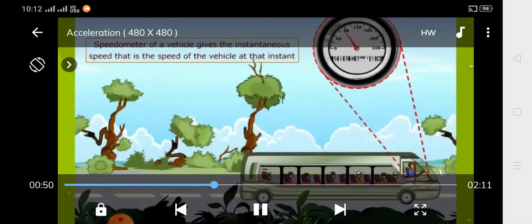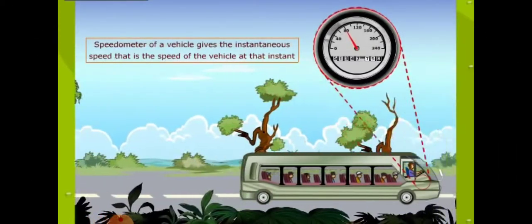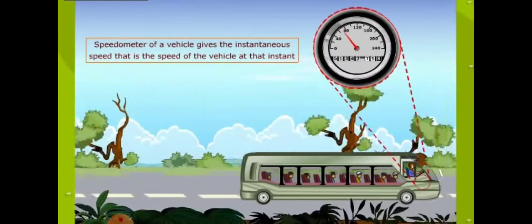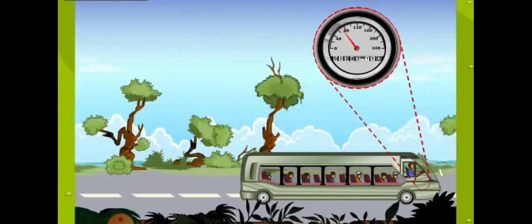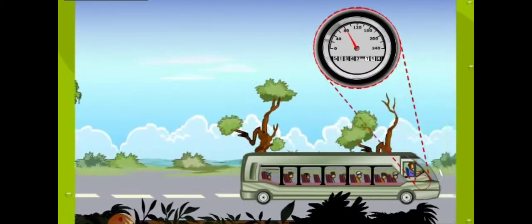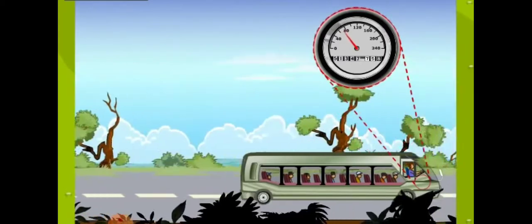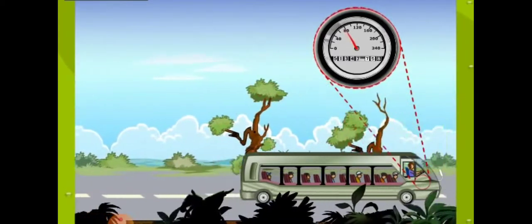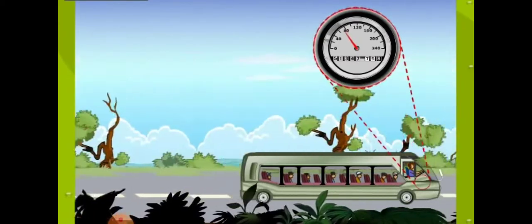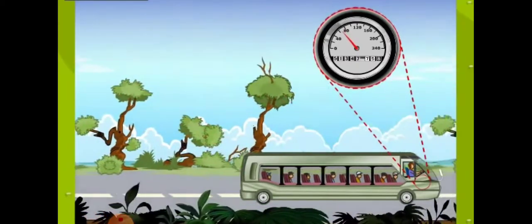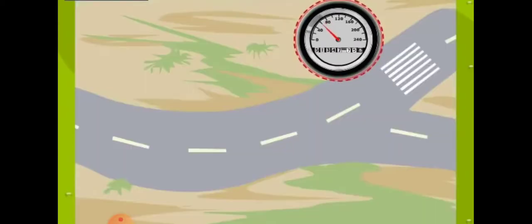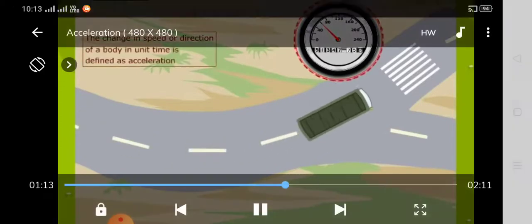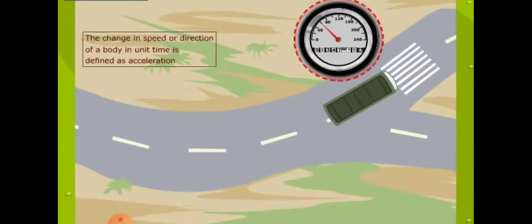Now, the difference in acceleration compared to velocity you can easily identify through its unit. Usually the acceleration unit is meter per second square, which is meter per time square. We can also say acceleration is the change in speed or direction of a body in a unit time.